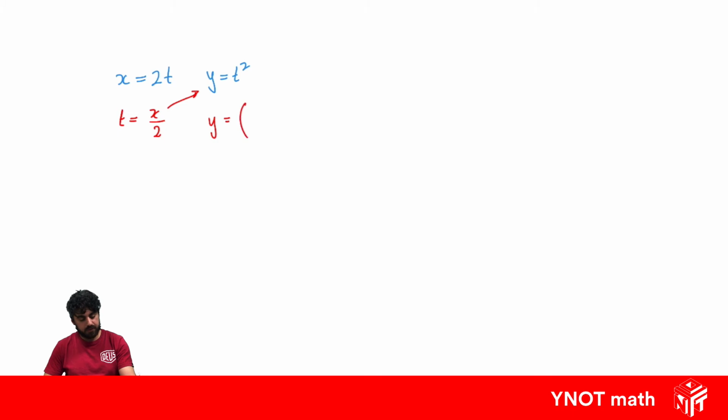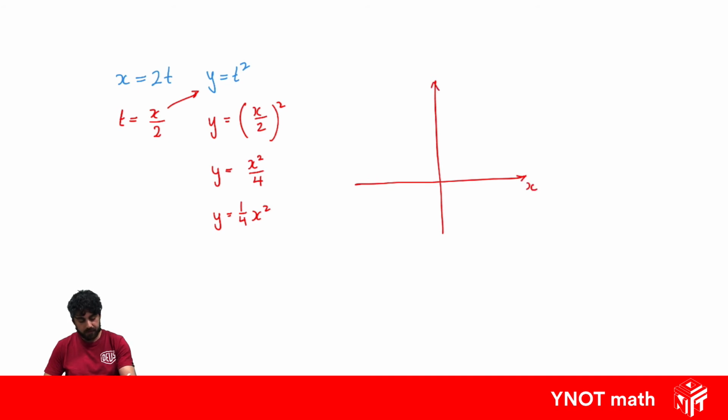So we get y equals t, which we know is x over 2, all squared. We get y equals x squared over 4, or you can think about it as a quarter x squared. And hopefully you recognize that this is a parabola. And it's just going to be something like that.